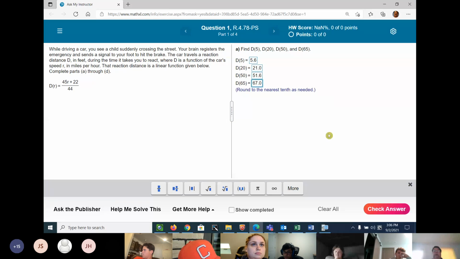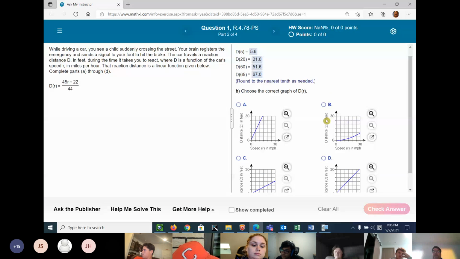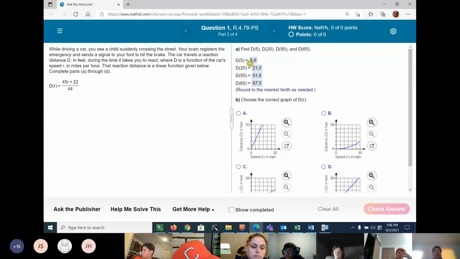And what does that look like? You start off low and then it gets bigger and bigger. What is the R? Is that to the first power or the second power? The first power. So that means it's a straight line. So it's not Bravo.